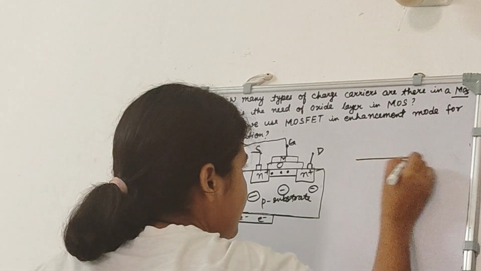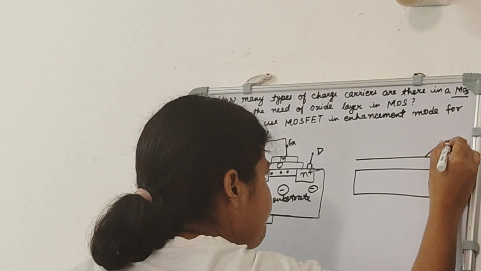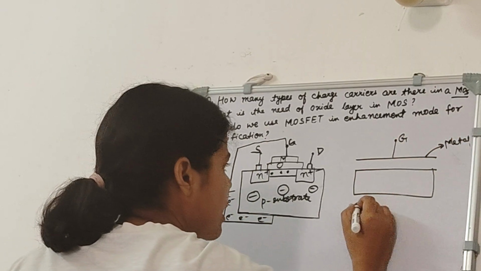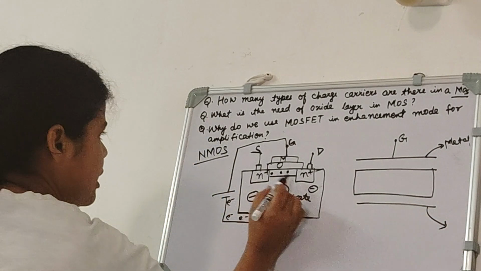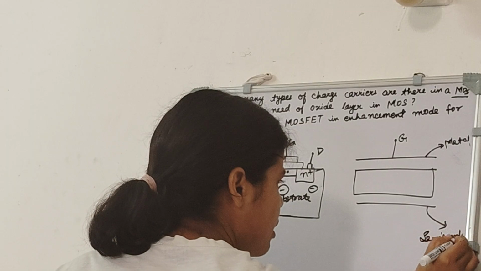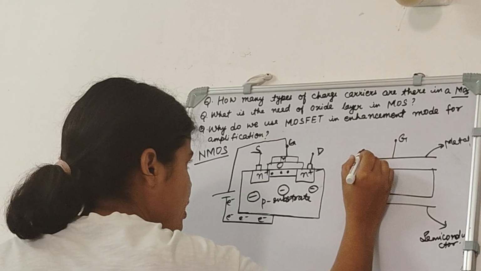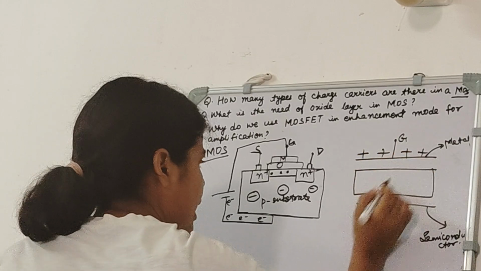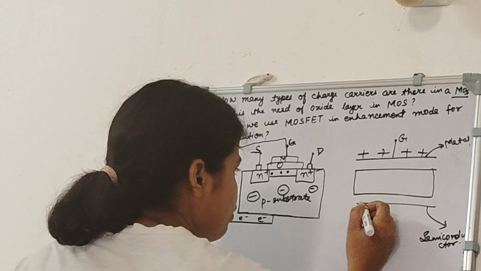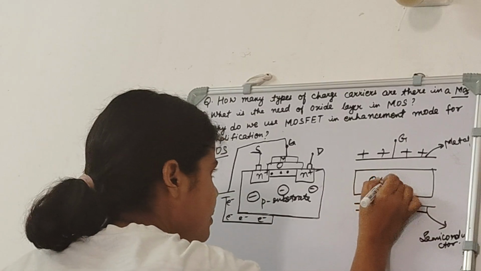So now we can show here like this, that this is the metal layer and this is gate terminal, and this is the semiconductor. Since we are applying positive voltage at the gate, we will show here positive sign, and we are having the N channel which is formed by electrons, so we will show here the negative sign, and this is oxide layer.